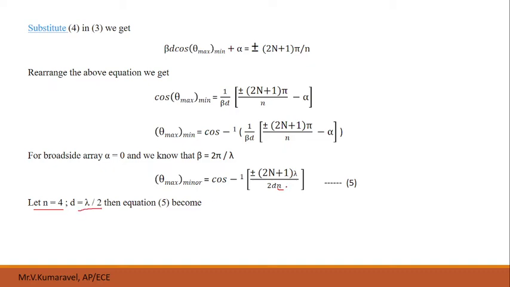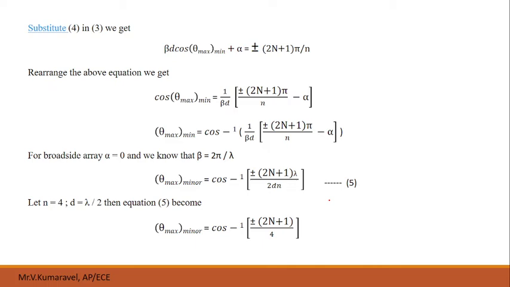When d equal to lambda by 2, the lambda and the 2 get cancelled, so we don't have the d factor, and we have n equal to 4. Therefore, the resultant theta maxima of minor lobe equals cos inverse of plus or minus (2N plus 1) divided by 4.